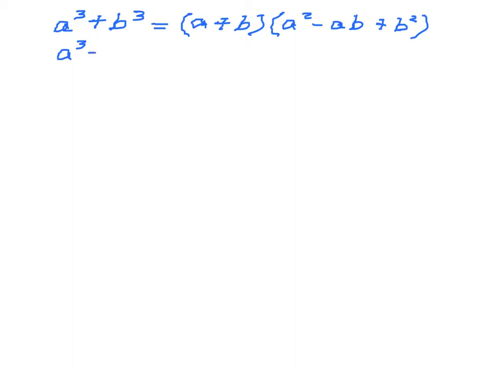Difference of cubes looks very similar. a cubed minus b cubed. That's now equal to a minus b, times a squared plus ab plus b squared. Very similar to the above, the only difference is a couple of signs.